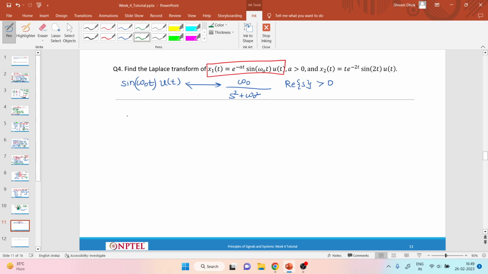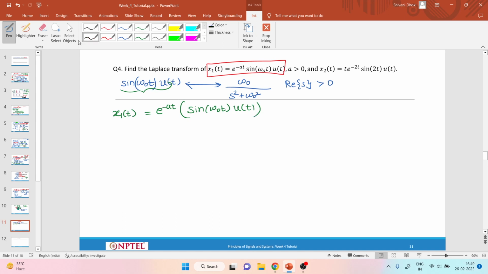Now the signal that I am having is x1 of t, which is equal to e power minus at multiplied by sine of omega naught t u of t.